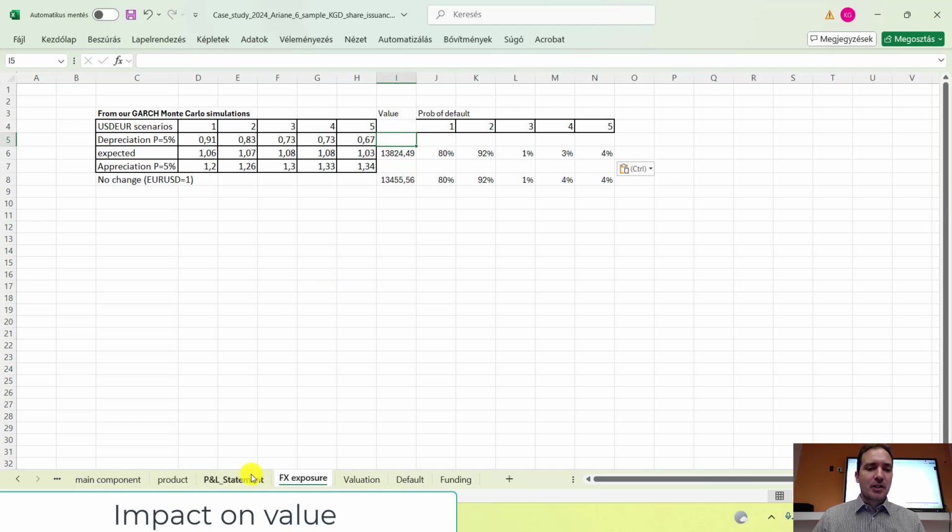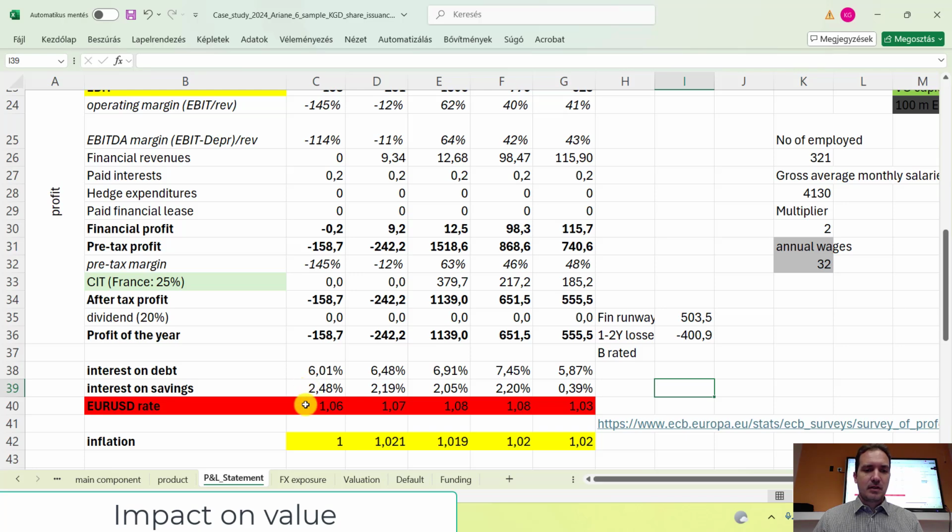Okay, then let's see depreciation. So we have to go for 5. So instead of the 6, we are selecting the 5, and then my loss is increased.